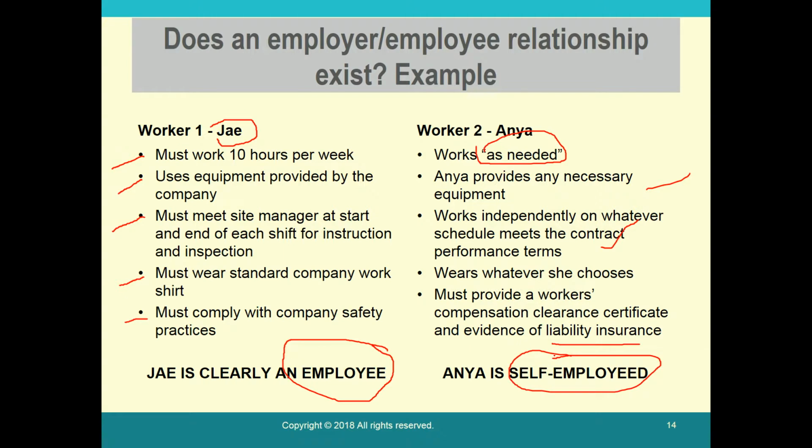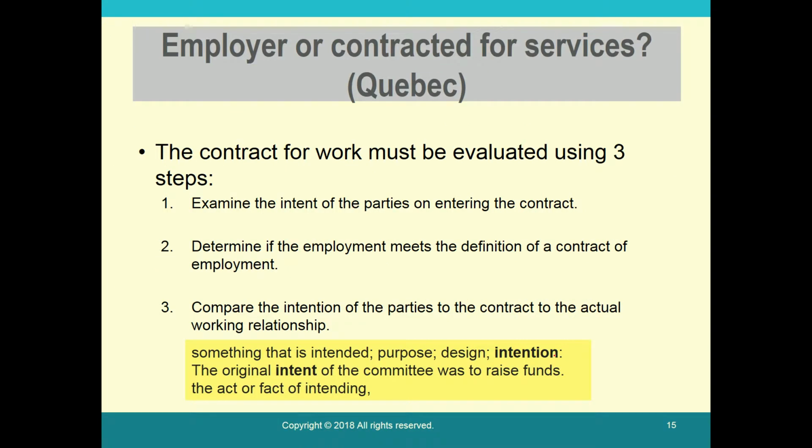All right. So, that was the example to help you comprehend what we talked about in the previous slides. Now, regarding the requirements of self-employed and employee status in Quebec, the following framework has to be kept in mind. Examine the intent of the parties, whether this contract is intended toward an employee or the self-employed.